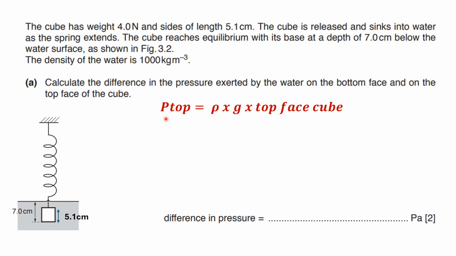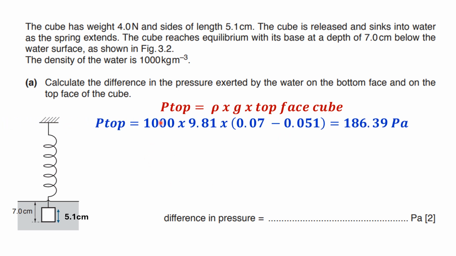Let me start with the pressure at the top. It can be calculated by this formula: the density of the liquid times gravity times the depth of the top face of the cube. So here we have the value substitutions. The density of the water is 1,000.